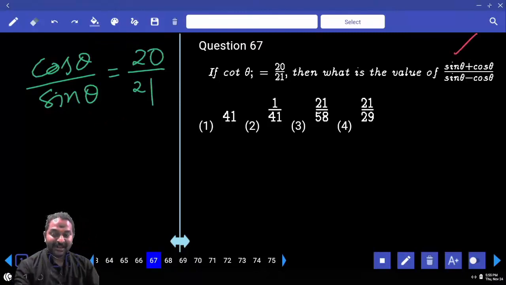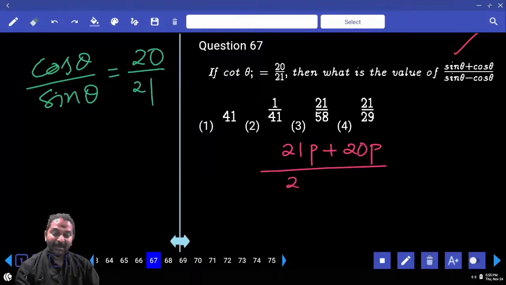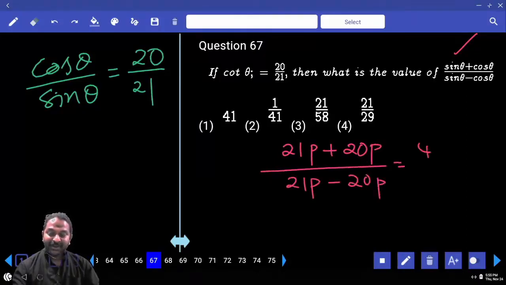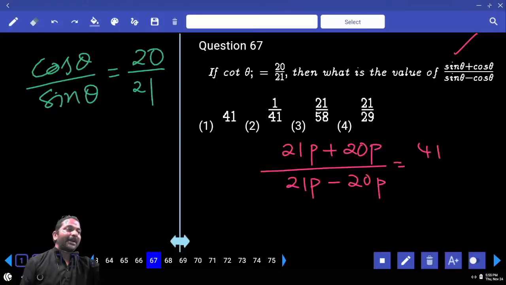Now sin theta 21 parts plus cos theta 20 parts divided by 21 parts minus 20 parts, which is 41 parts by 1 part. The part gets cancelled, 41 is the final answer. Got it? You don't need the triangle. You don't need to find out how much the hypotenuse is. Followed?